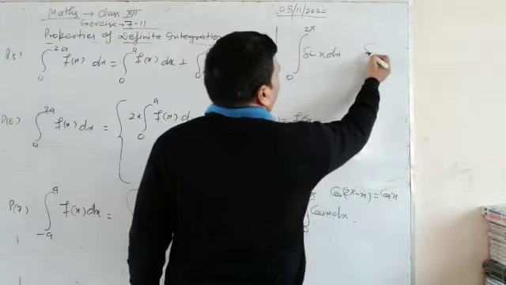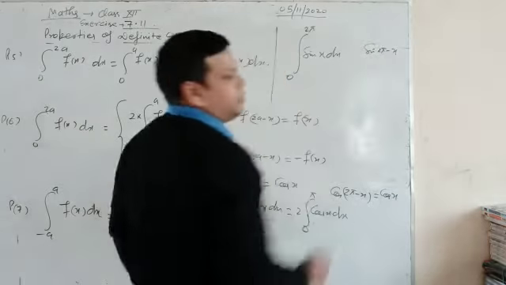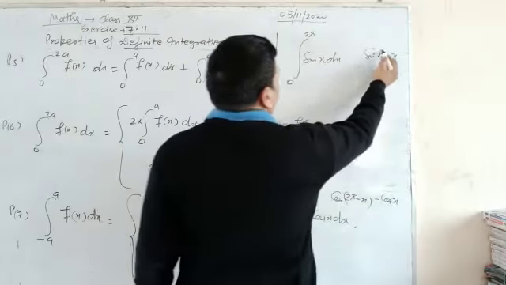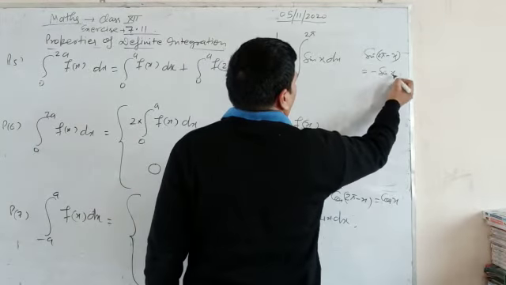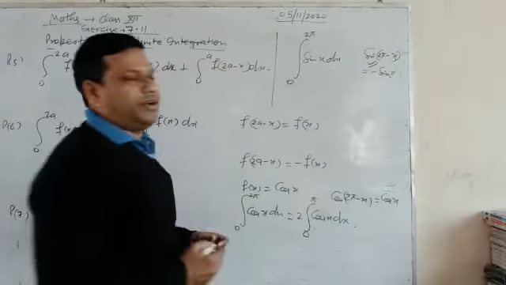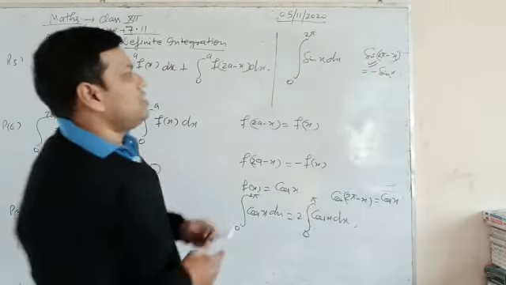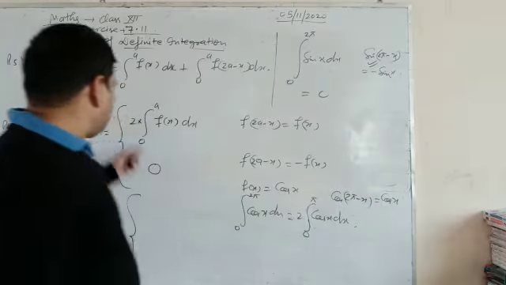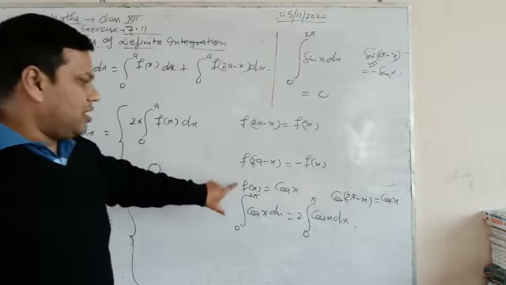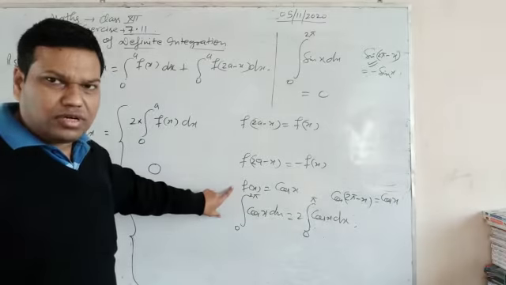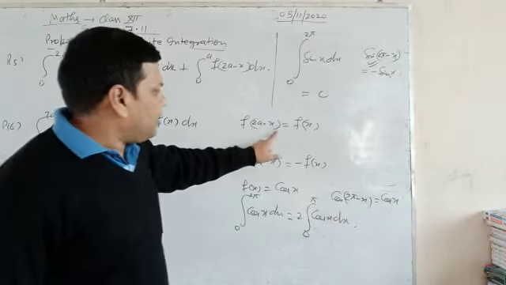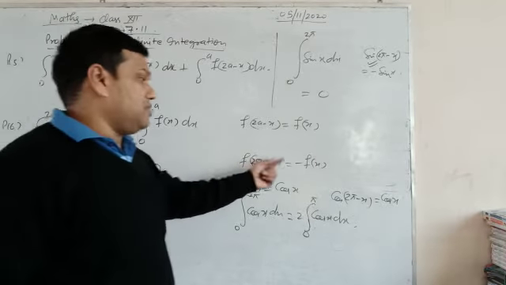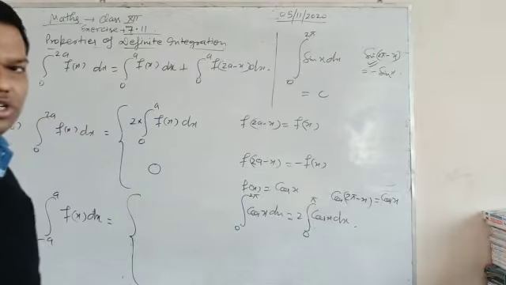You see that sin of 2 pi minus x is minus sin x, because it is in the fourth quadrant. Then it will be 0. So that's the property I was talking about. If f(2a minus x) equals f(x), then it will be twice the integral from 0 to a. If it is minus f(x), it will be 0.